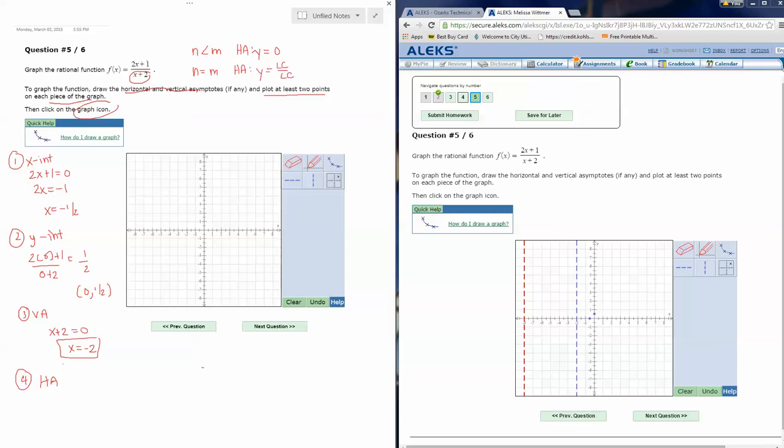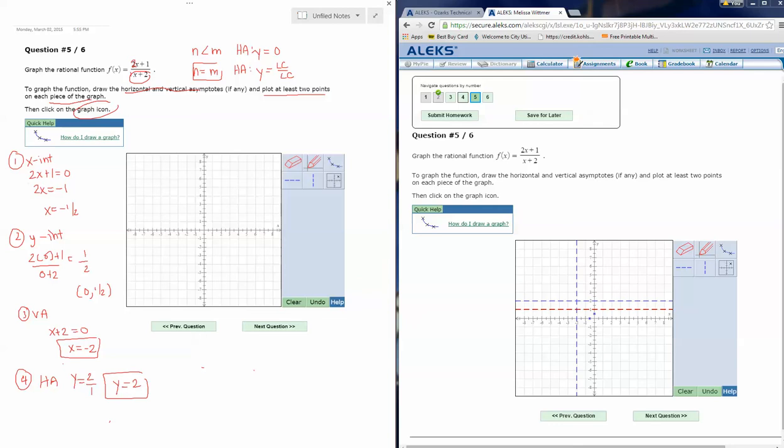So in this case I have x to the first over x to the first. So this is the case where the top power is equal to the bottom power. So my leading coefficients are 2 over 1. So y equals 2 over 1 simplifies to the line y = 2. So let's plot the horizontal asymptote through 2 on the y-axis.